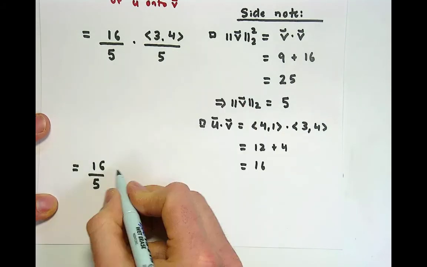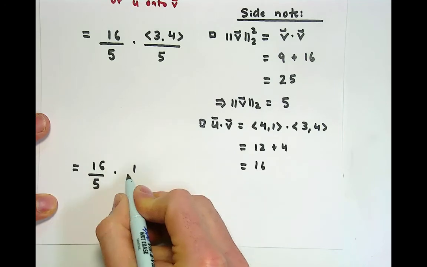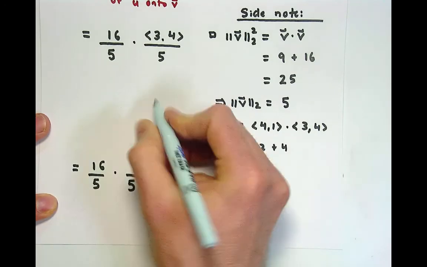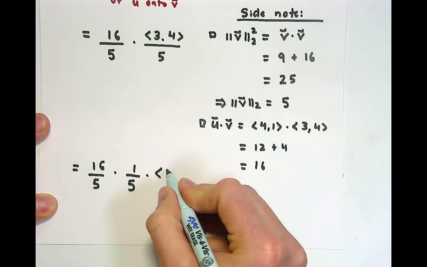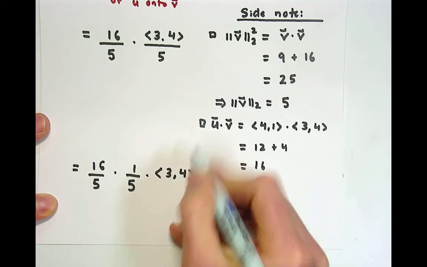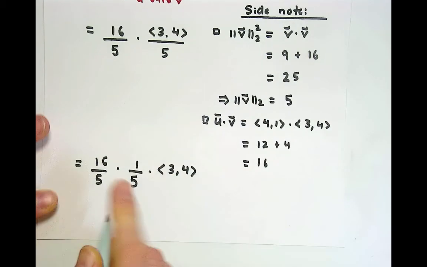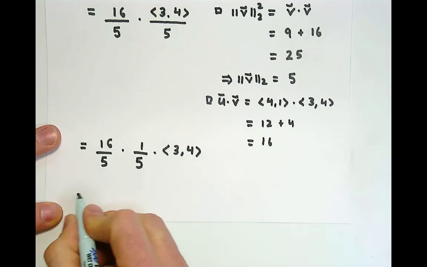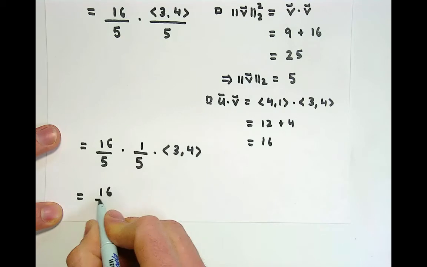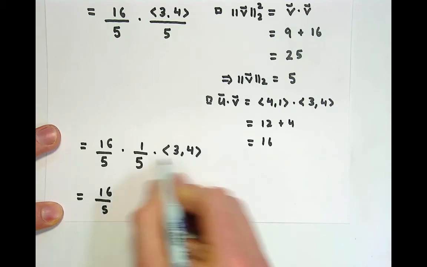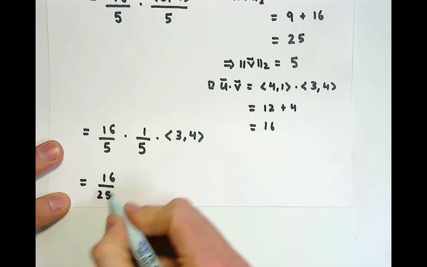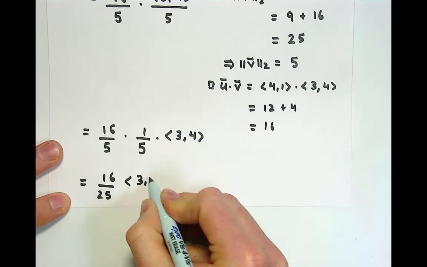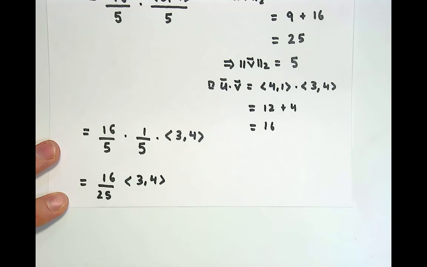When we write a vector divided by a scalar, what we really mean is please take the scalar 1 over the denominator and multiply it by the vector. So this operation here is scalar vector multiplication. So now I've got 16 over 5. And then I don't know what you want to do first. Do you want to bring this in or multiply it out? I kind of want to leave this out in front. So now I have my projection.